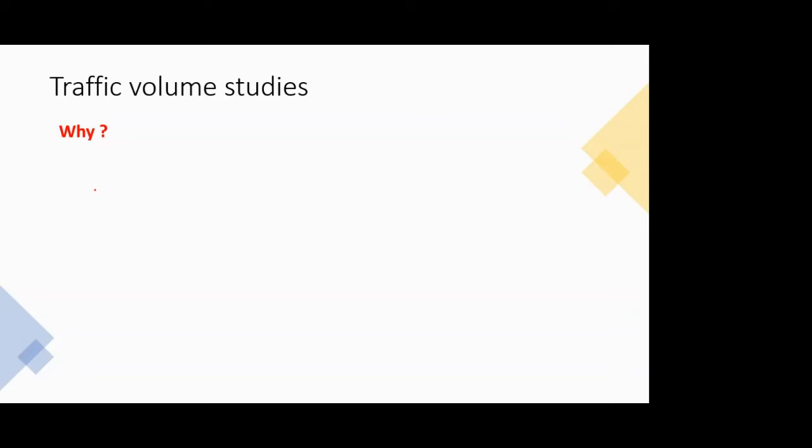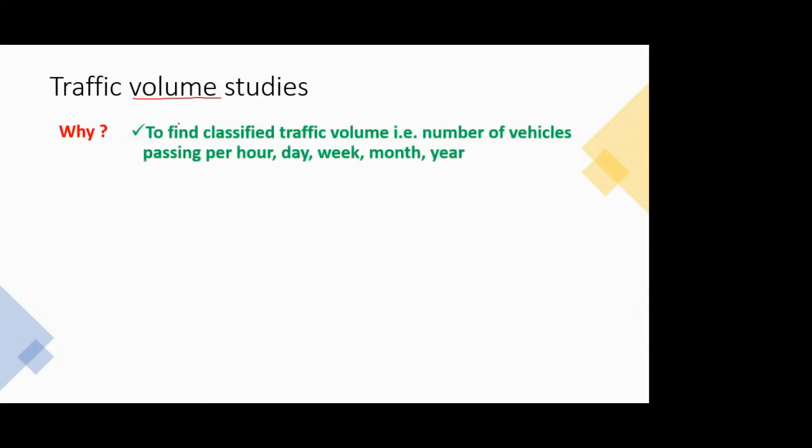So the first question in this traffic volume study is why we do it. For traffic volume, the answer will always be that we need to find out the volume or number of vehicles. So the answer is to find the classified traffic volume. Now the word classified is mentioned here. Classified as in, I have said this before also, that we don't have any road in the world where only a single type of vehicle uses that road.